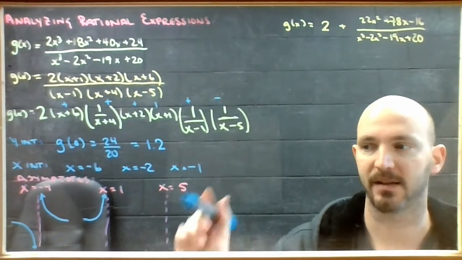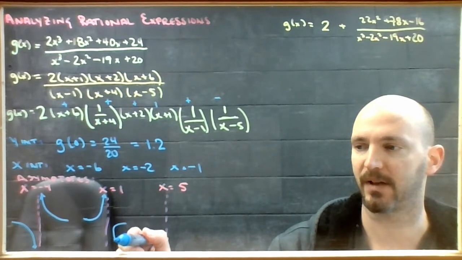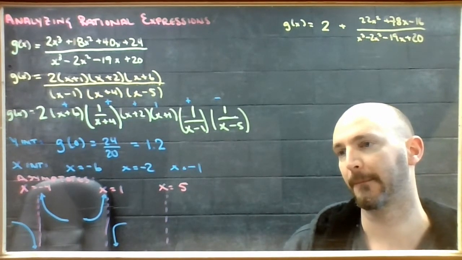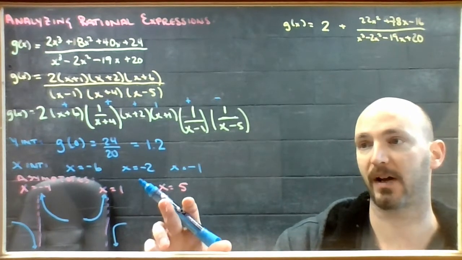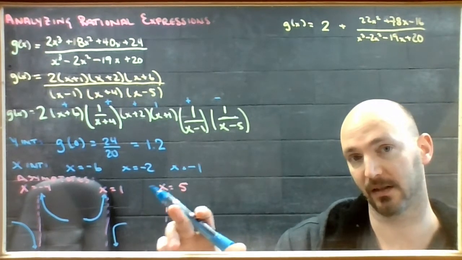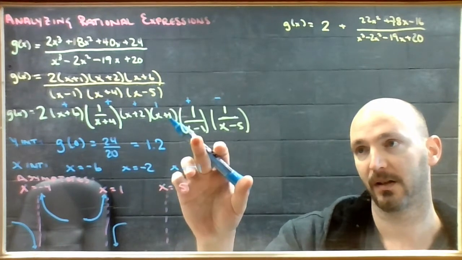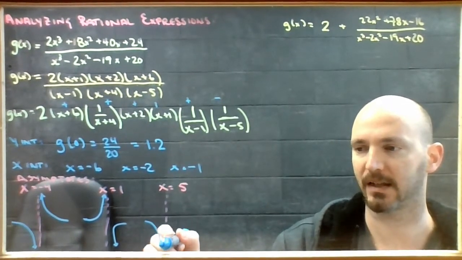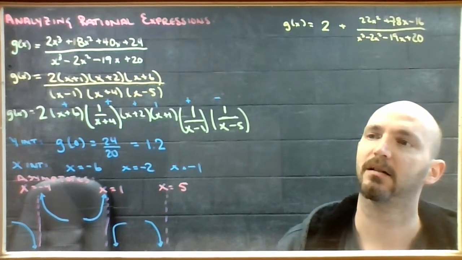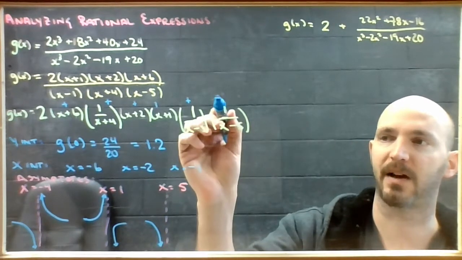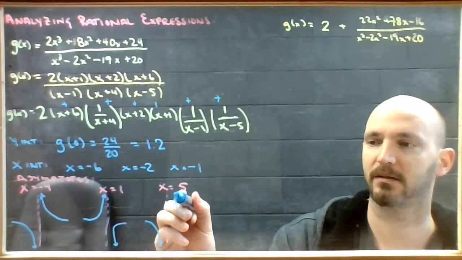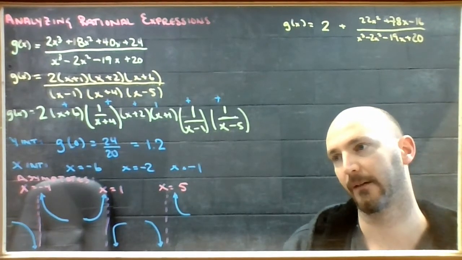I have an unbalanced negative now, so it's going to be this flavor of asymptote. If I choose 4.5, just a little to the left of this one, these are all positive except that one, which remains negative, so it's this kind of thing. And at 5.5, this one finally flips positive, so I've got that kind of asymptote.